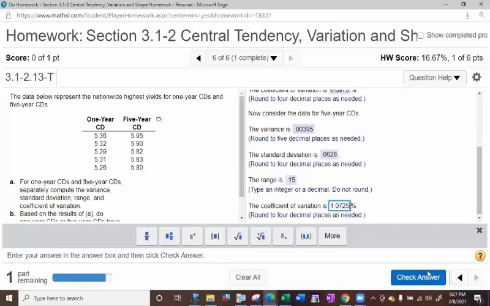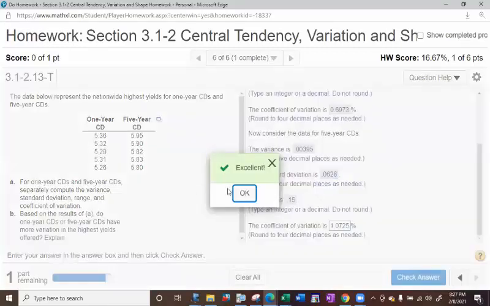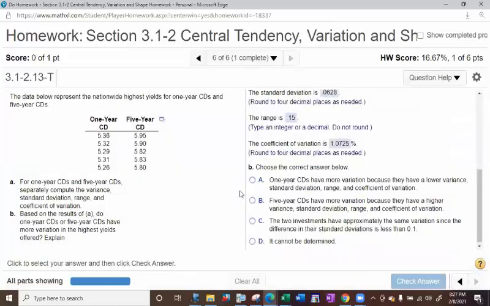All right. Choose the correct answer below. Well, A is wrong just because of the, without even looking at the numbers. You wouldn't say something has more variation because it has a lower variance. That just doesn't make sense.